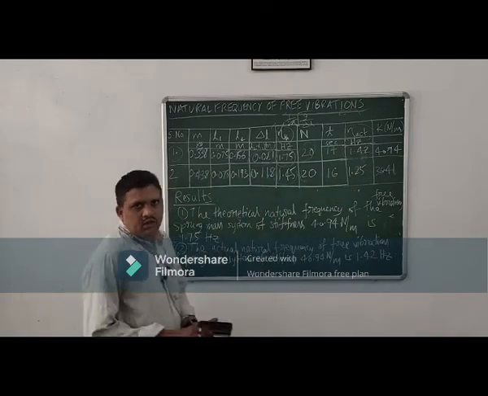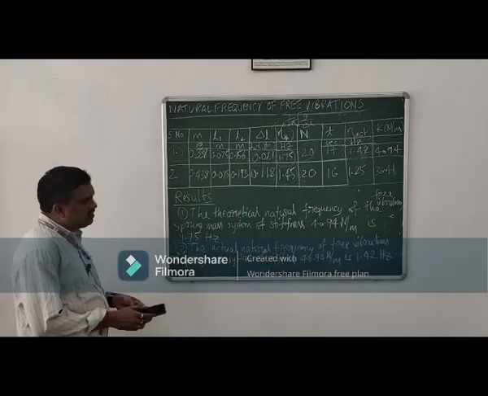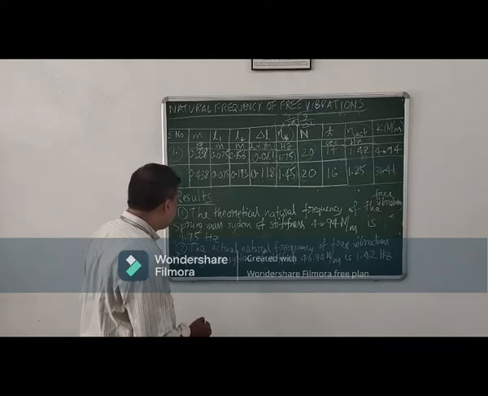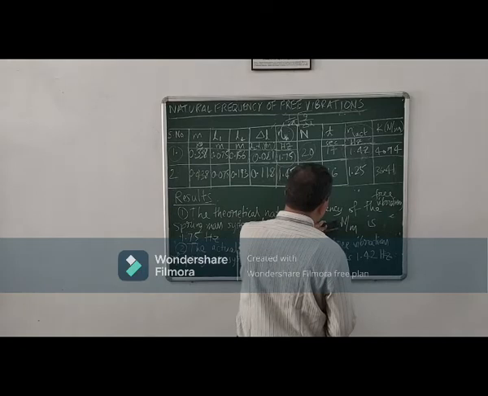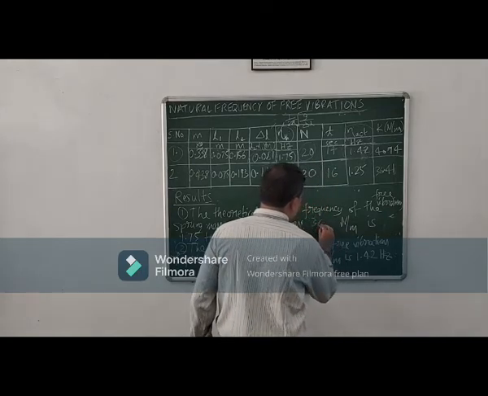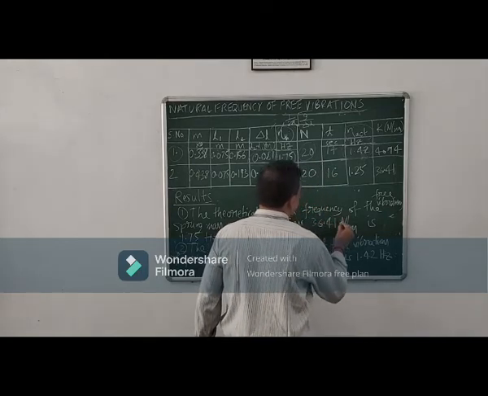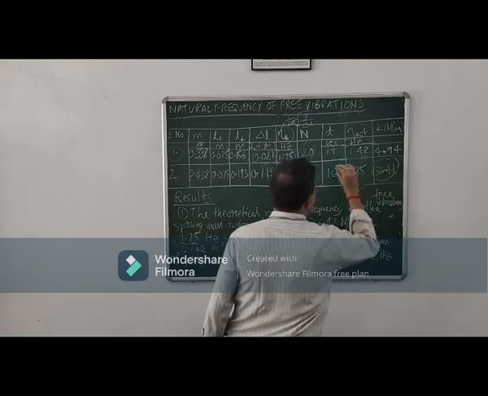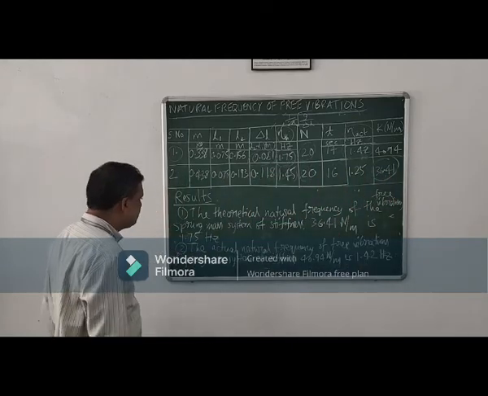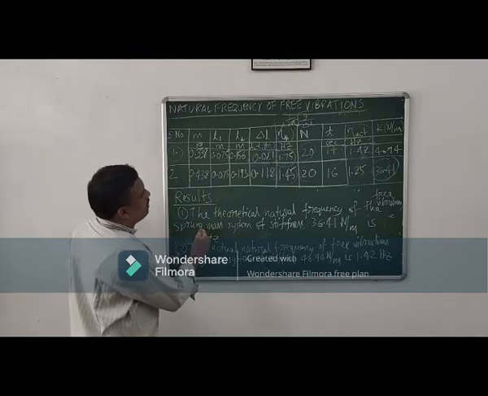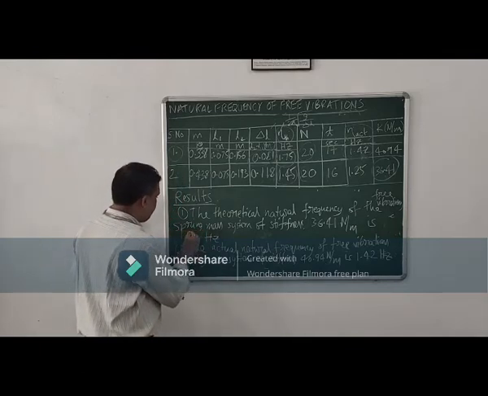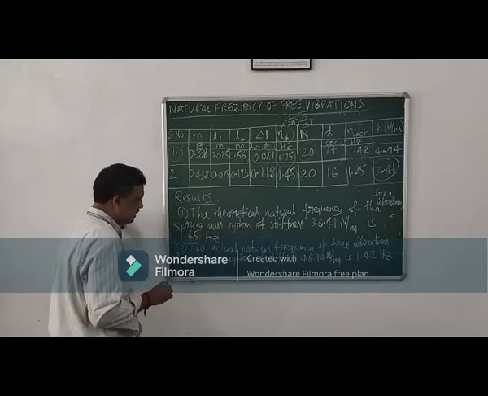Okay. So, the same type of results can also be written for stiffness 36.41 Newton per meter: the theoretical natural frequency is 1.45 hertz. Okay.